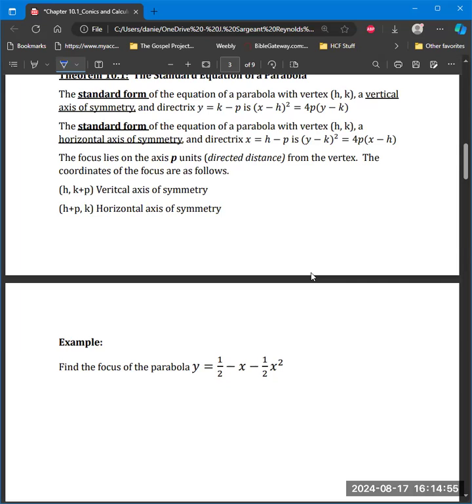If it's negative, you're going to move down, negative y direction. If you have a horizontal axis of symmetry and p is positive, you're going to move to the right to get to the focus. And if you have a horizontal axis of symmetry and p is negative, you're going to move to the left to get to your focus.